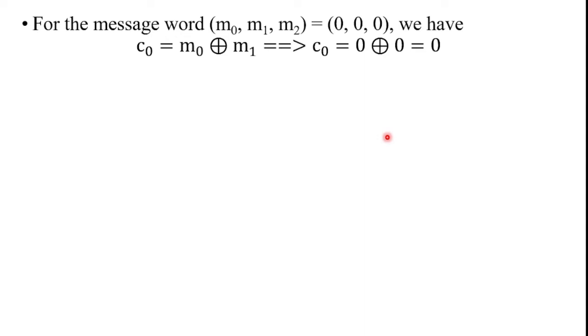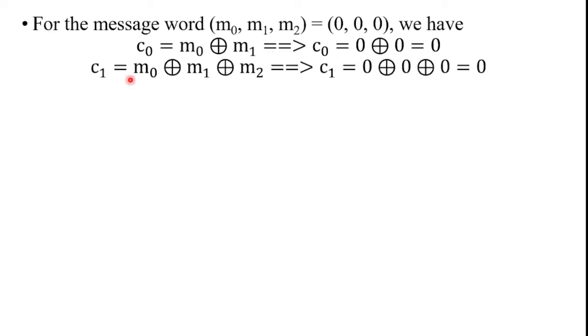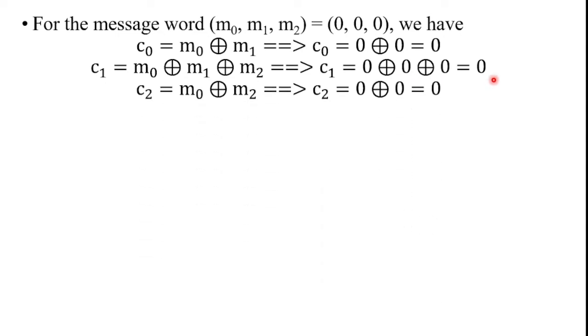When both the inputs are high or both low, the output is low, and for 0, 1 or 1, 0, the output is 1. So C0 is 0 exclusive OR 0, which is 0. Next, C1 is 0 exclusive OR 0 exclusive OR 0, which is 0. C2 is M0, M2, that is 0 exclusive OR 0, which is 0. Therefore the parity bits C0, C1, C2 are 0, 0, 0.